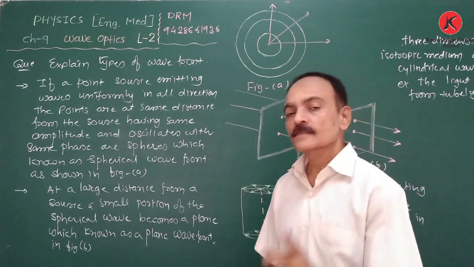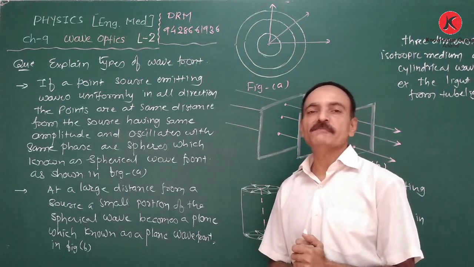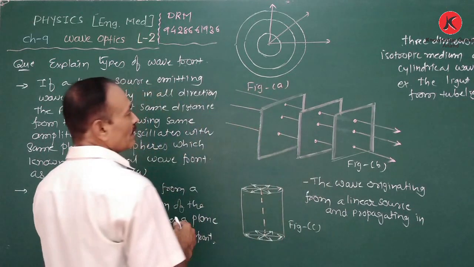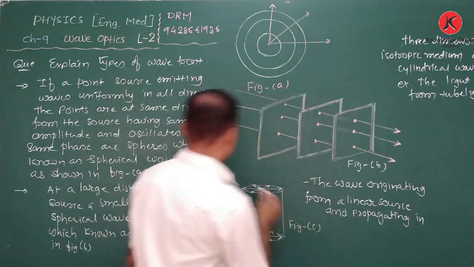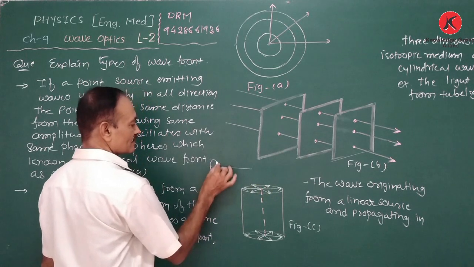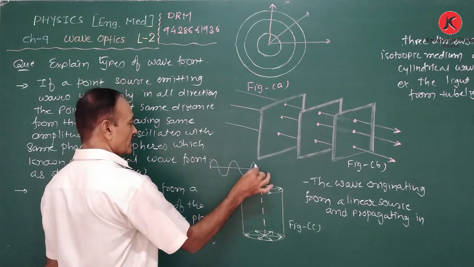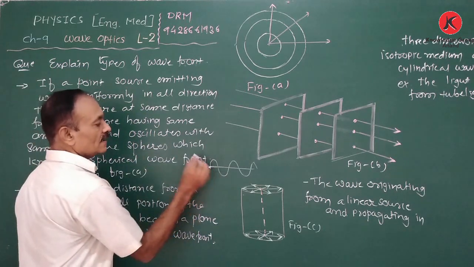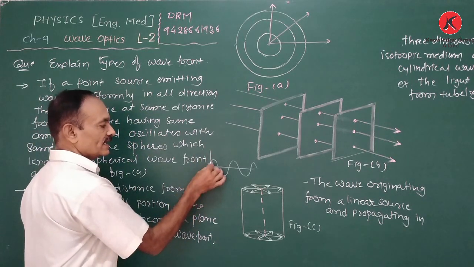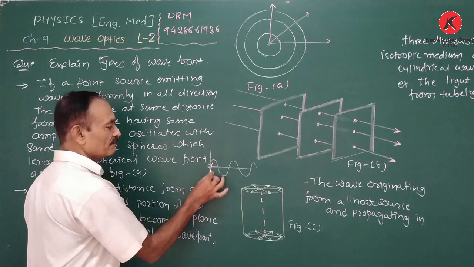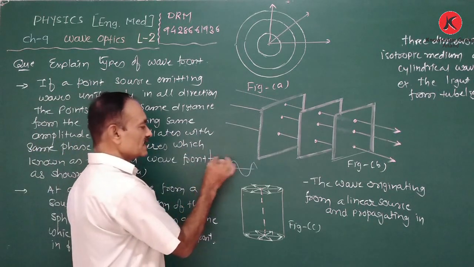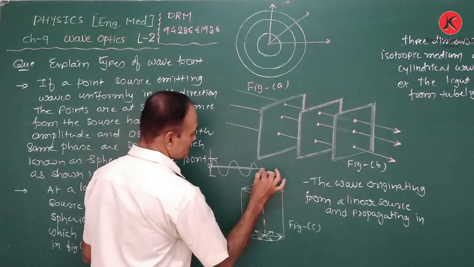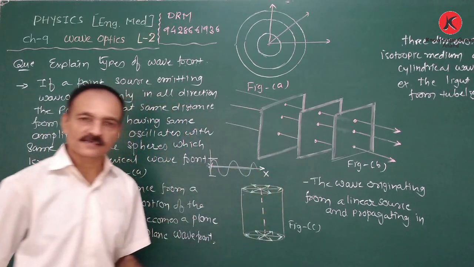But if the wave is propagating in one medium, we already discussed this in simple harmonic motion, so our figure is like this. Due to the drop of the stone at that point, the particles oscillate about their mean position, and the effect of this simple harmonic motion is propagated in one direction, suppose the x direction.